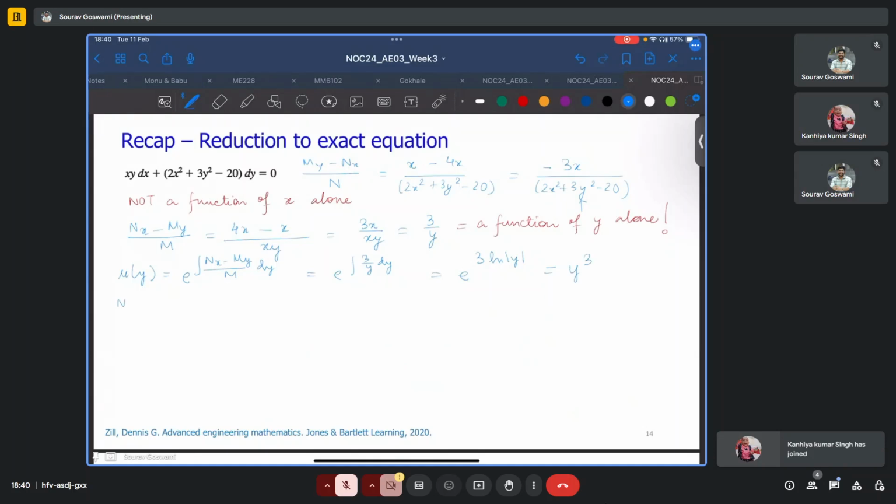Now we multiply the equation throughout by the integrating factor, which in this case is mu of y.